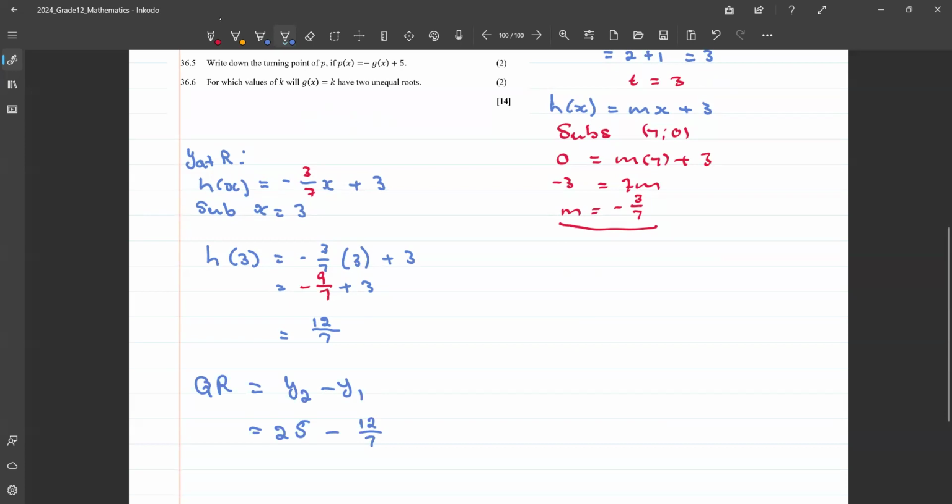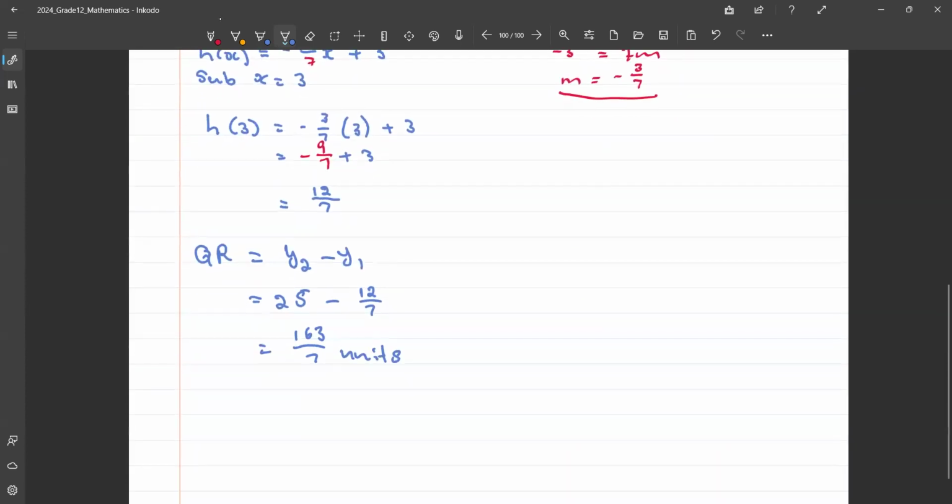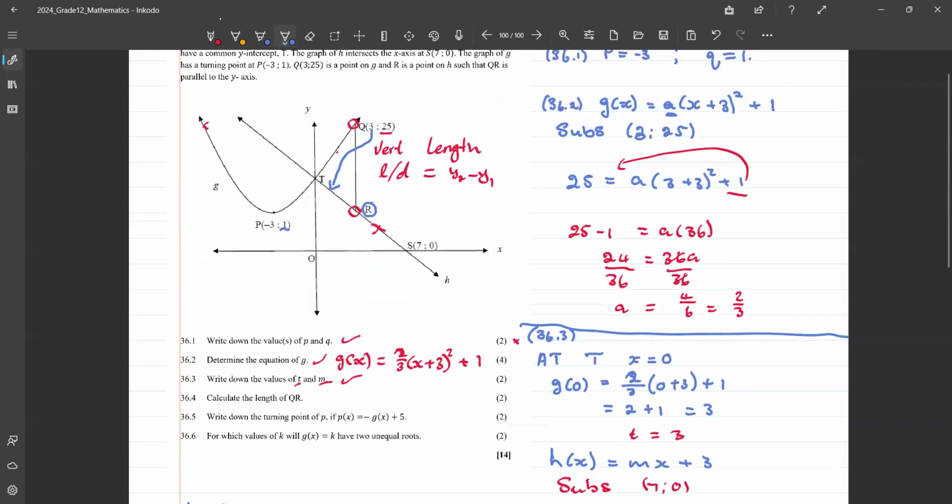We get something like 163 over 7 units. Well, you can write it as a decimal number, and we round it off to two decimal places. So it's going to be 23.29 units. All right. That's going to be the distance between Q and R.